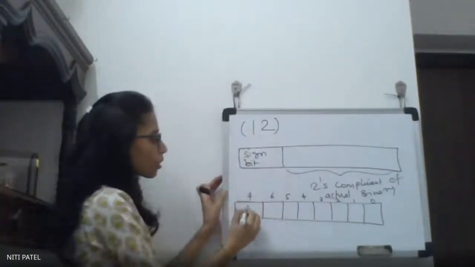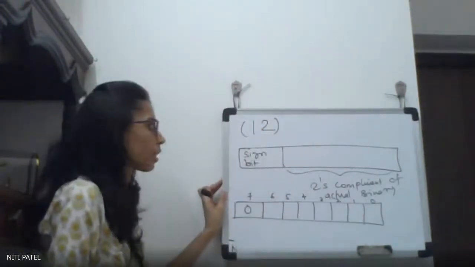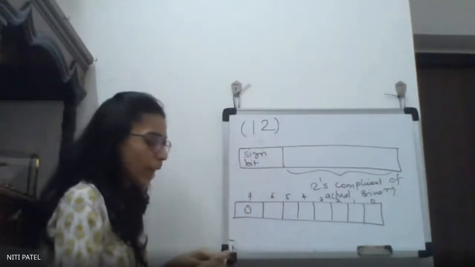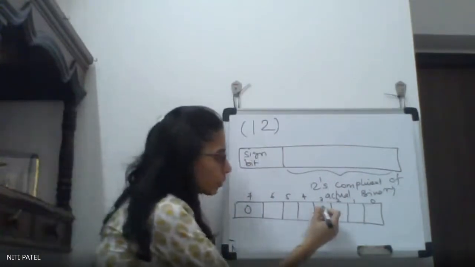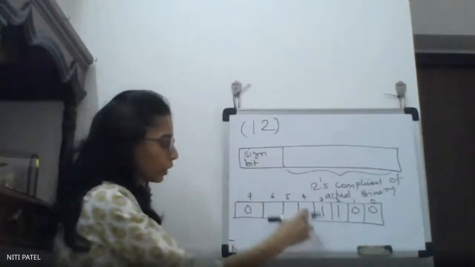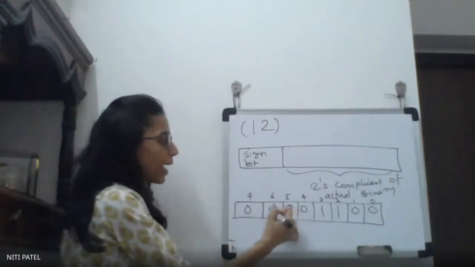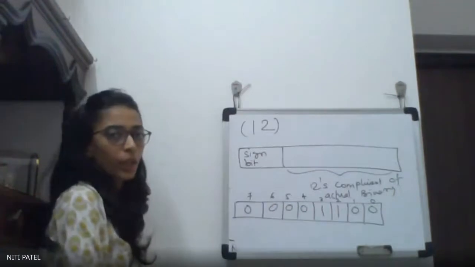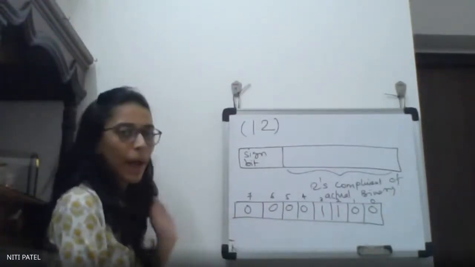Since the number is positive, I will write it as 0. What is the binary of 12? It is 1, 1, 0, 0. For the remaining bits, I have to append 0. So this is only the binary of 12.